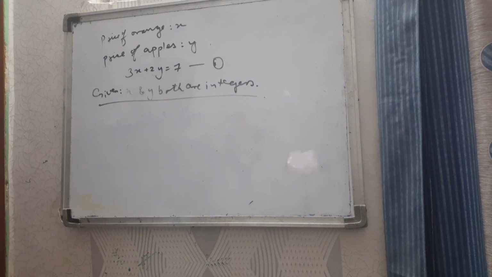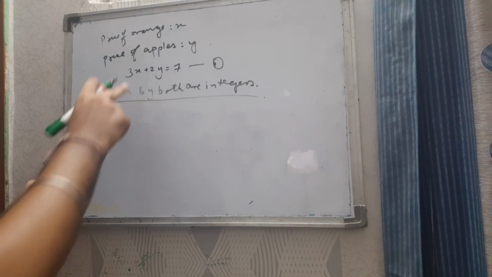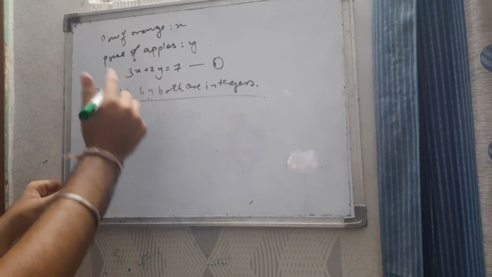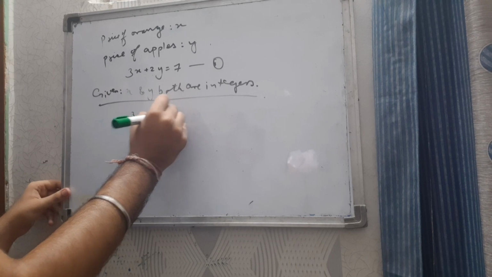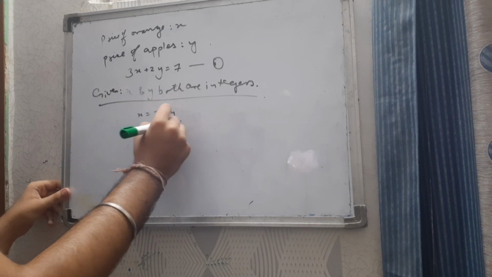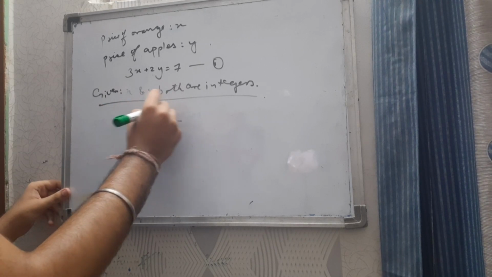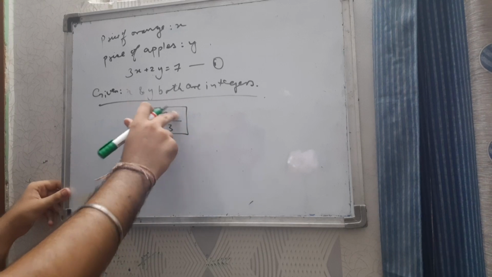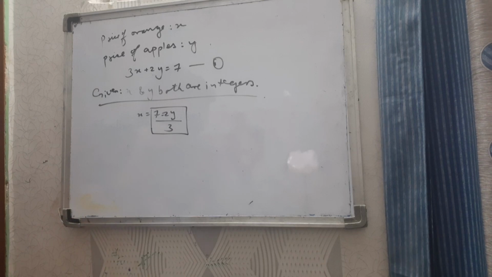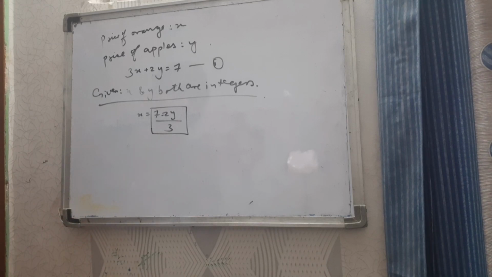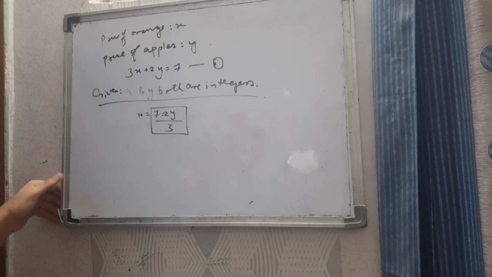So what we can find out is, for the price of an orange, which is x, 3x gives 7 minus 2y, and dividing both sides by 3 we get this. So this is the price of an orange with respect to the price of an apple.